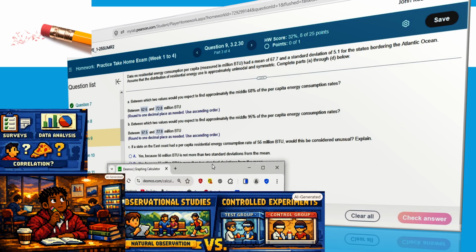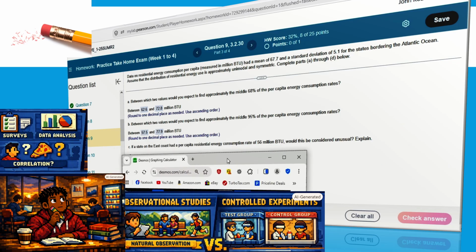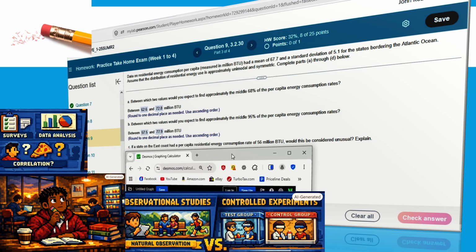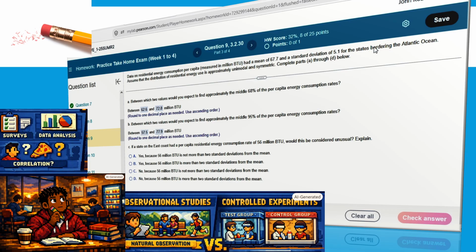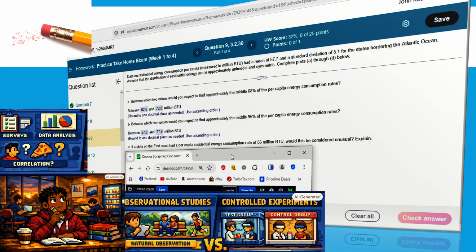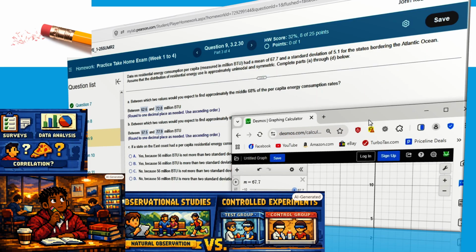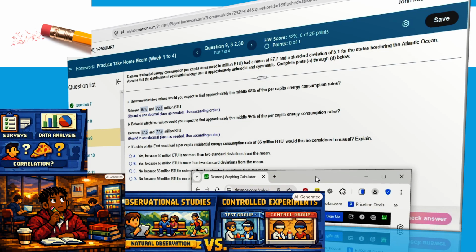And now it says, if a state on the East Coast, so I suppose this must be per capita. Oh, bordering. Oh, here's a confusing part. It says bordering on the Atlantic Ocean, so that's got to be East Coast stuff, right? So this is the entire sample.